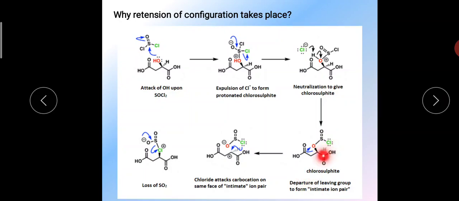Now, this chlorosulfite molecule holds the nucleophile in a position which makes it feasible to attack from the same side at the reaction center. Okay, so what happens?